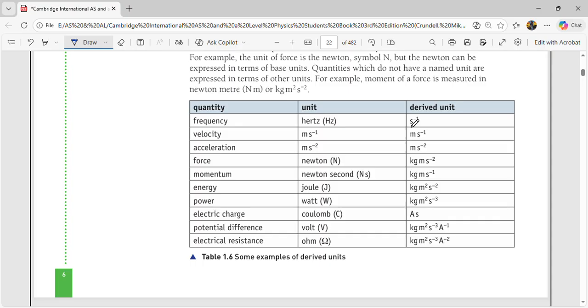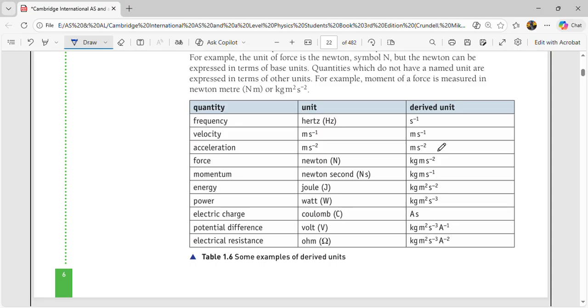Velocity is meters per second, and the derived unit in base quantities is still meters per second, because velocity is length over time. Acceleration is meters per second squared, because acceleration is the second derivative of length.